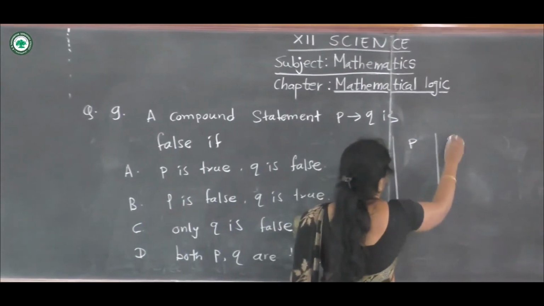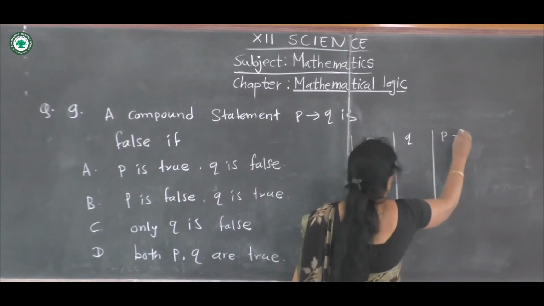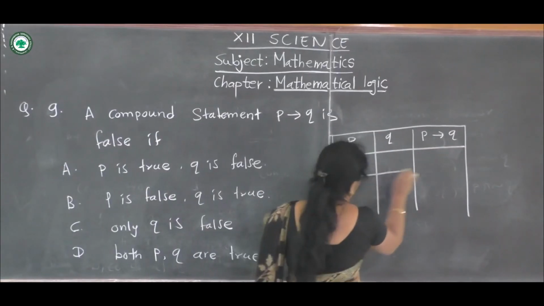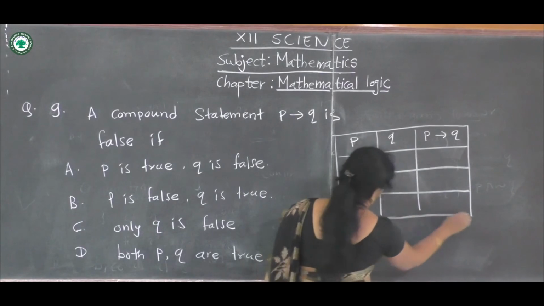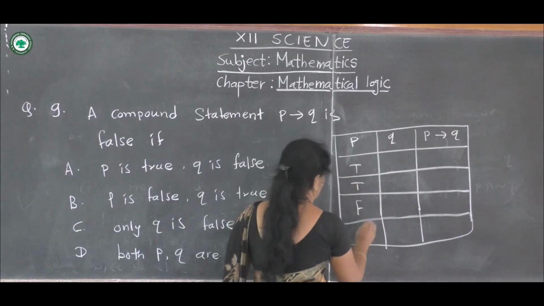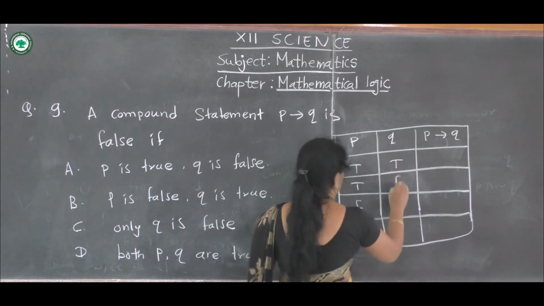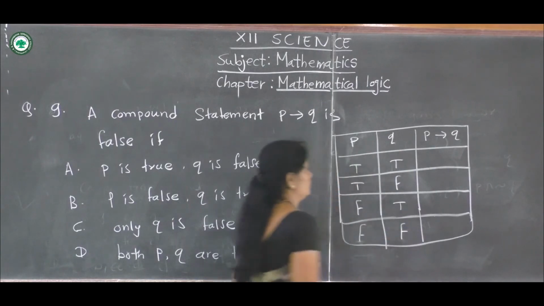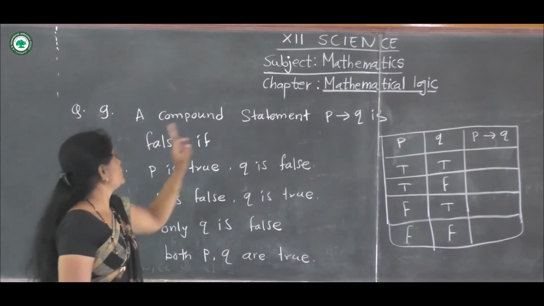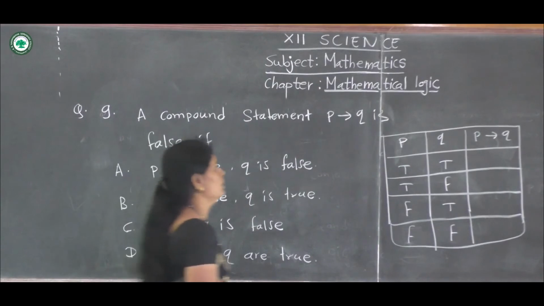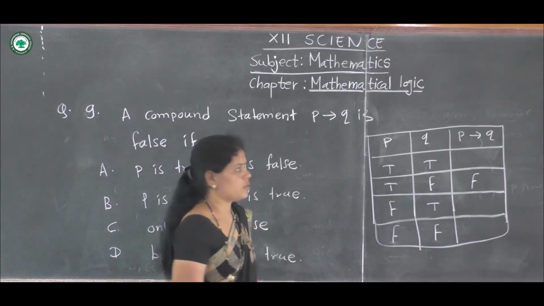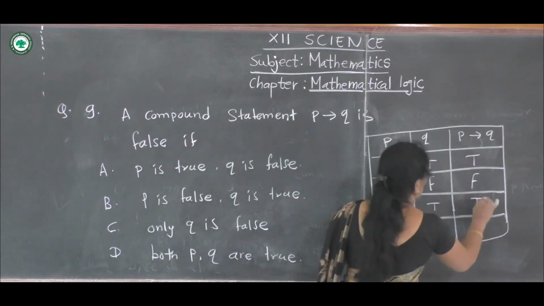We know the truth table of implication for P, Q, and P implies Q. If the value of Q is false while P is true, then P implies Q is false, otherwise it is true.